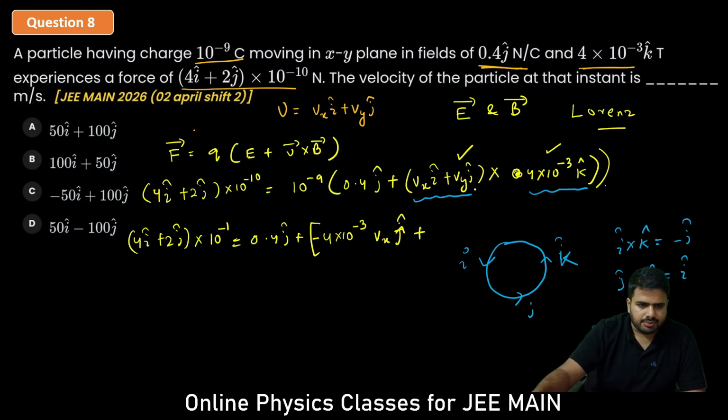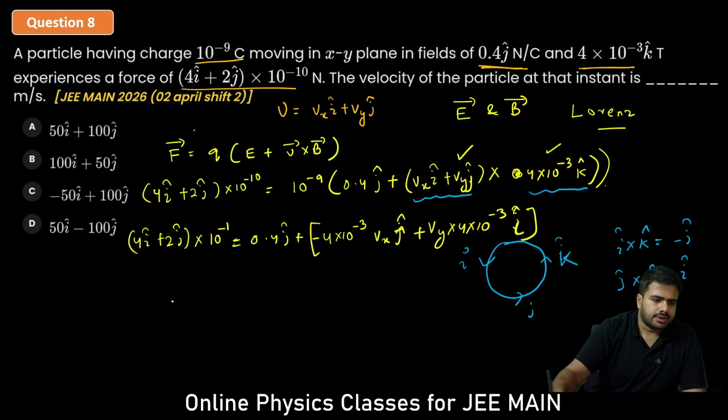J cap cross k cap, so I'll get i cap. I'll get Vy into 4 into 10 to the power minus 3 i cap.